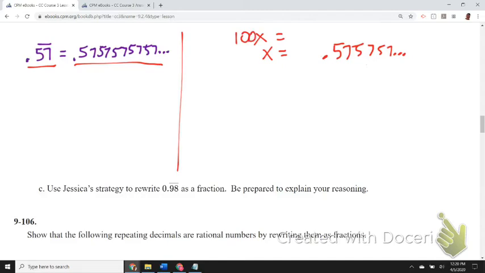As you know, when I multiply by 100 on both sides, all I have to do is move the decimal 2 places over, right? So my new number is going to be 57.57575757, and it goes on forever and ever.